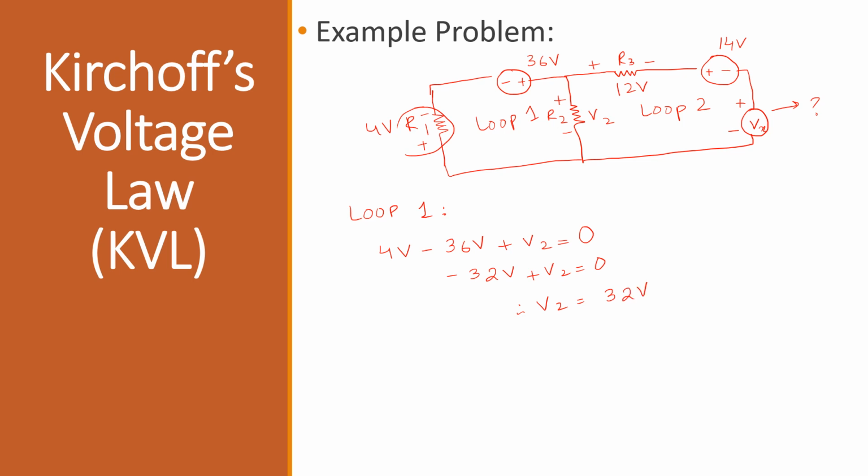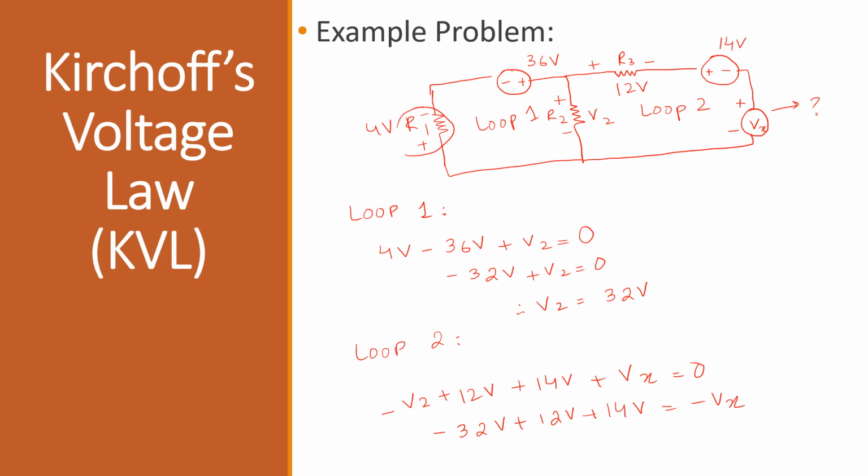Now we will look at loop 2. The equation of this loop will be minus V2 plus 12 volts plus 14 volts plus Vx equals to 0, and we just calculated V2, which is 32 volts, so the equation will be minus 32 volts plus 12 volts plus 14 volts equals to minus Vx.